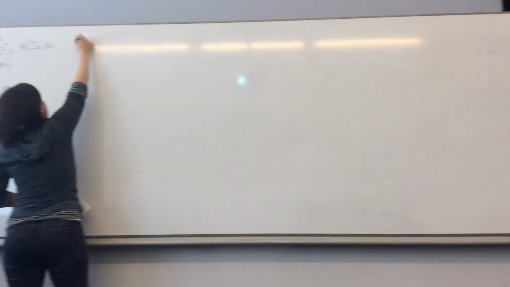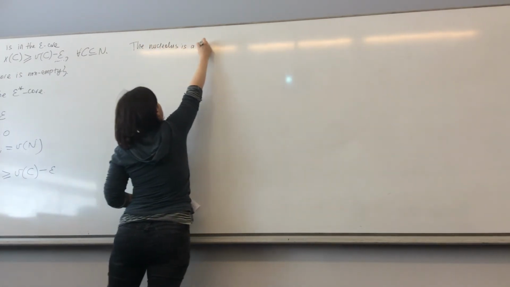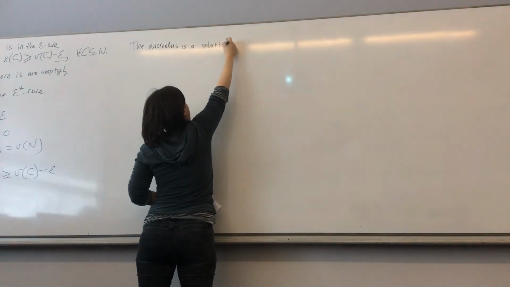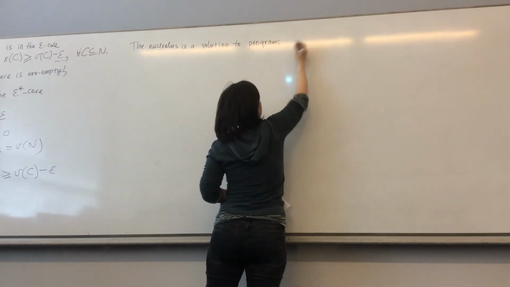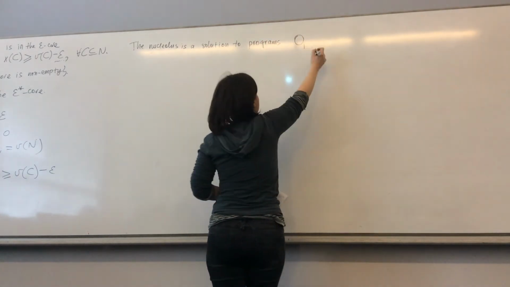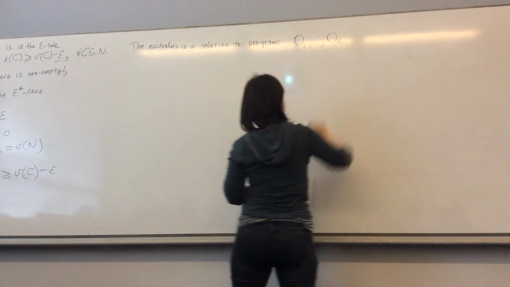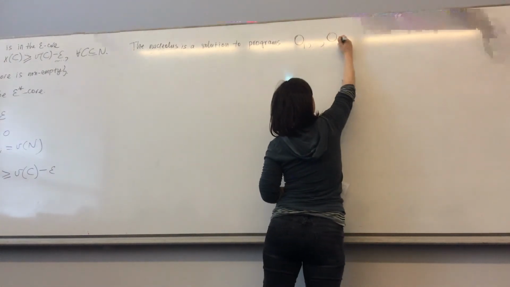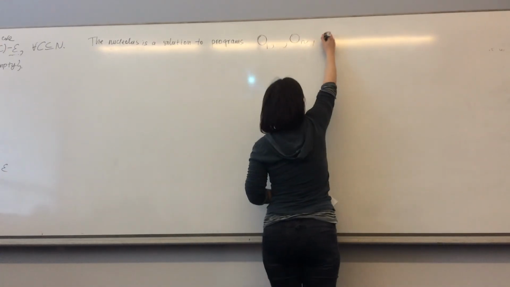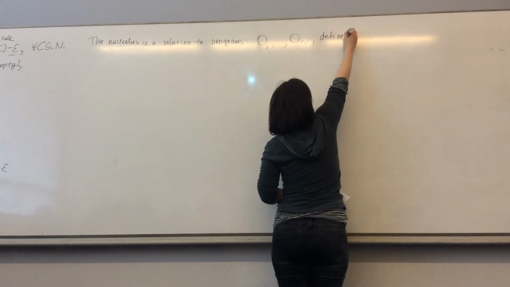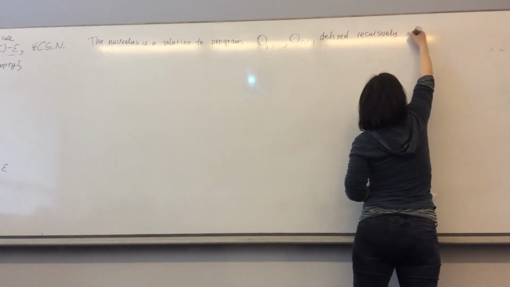So the nucleolus is a solution to problems that we call optimization problems, O1 and so on, actually ON, exactly as many as the number of agents, which are defined as follows.